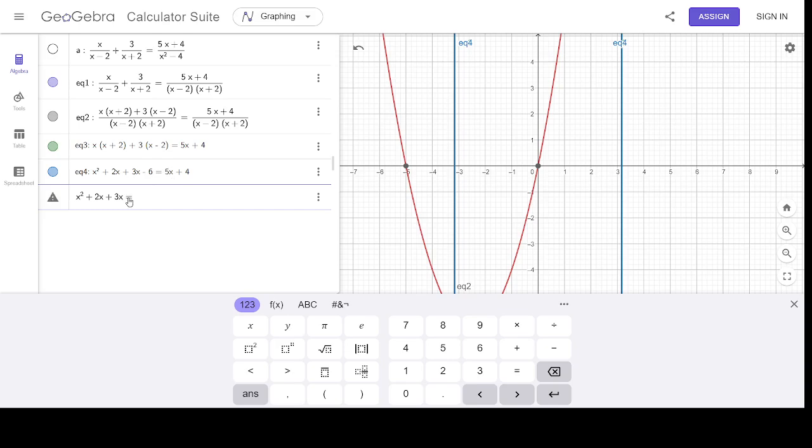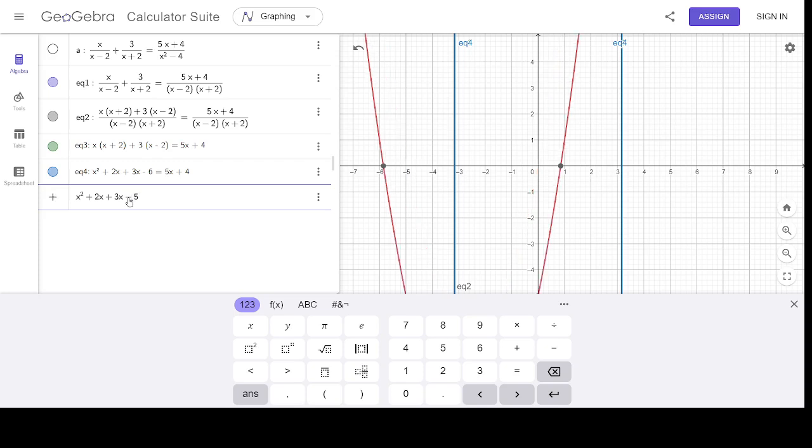So now we have minus 5x, then is equal to 4, then we want to pair it with this 6. Now here we have minus 6. When it crosses the equal sign to this other side, it becomes plus 6. So we say plus 6.